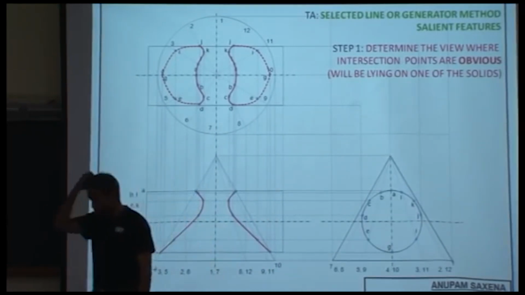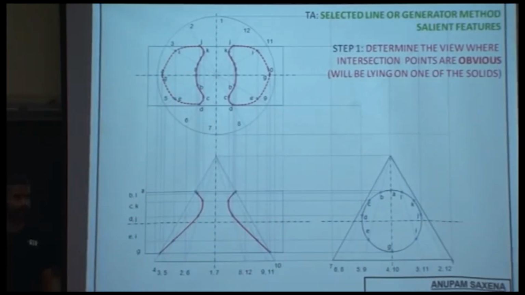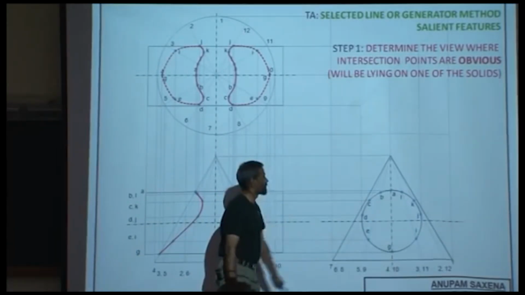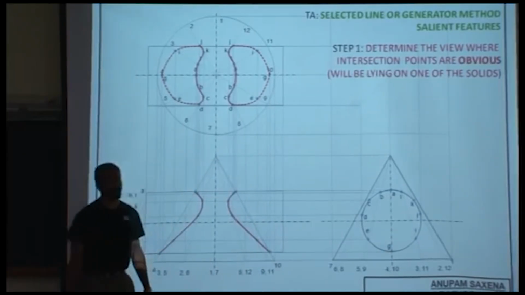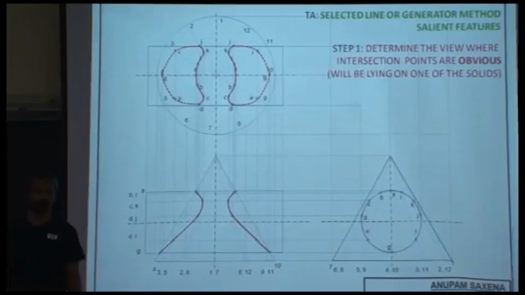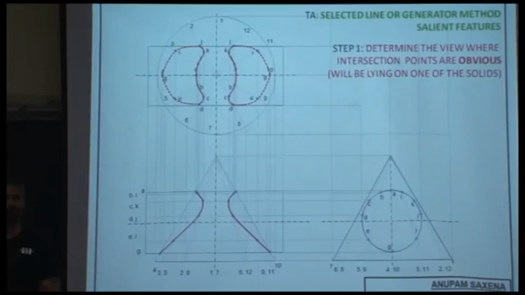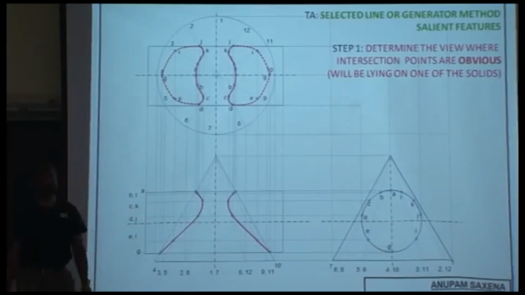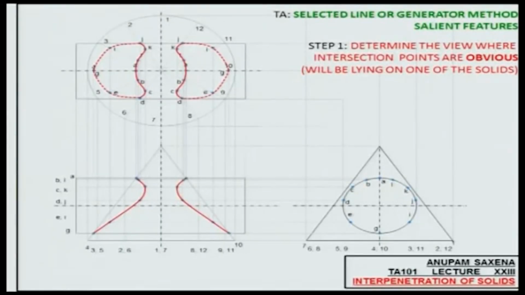Look at the front view, the top view, and the profile view, and you will figure that your intersection points will be lying on this circle in the profile view. Once you've figured that out, the next thing you would do is generate a bunch of lines that would represent the surface of the other solid. And that's the reason for the name, the generator method or the select line method.